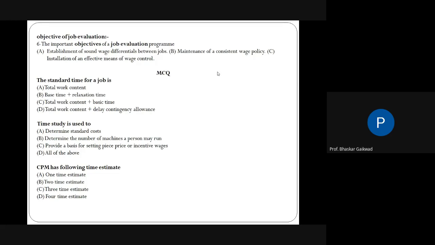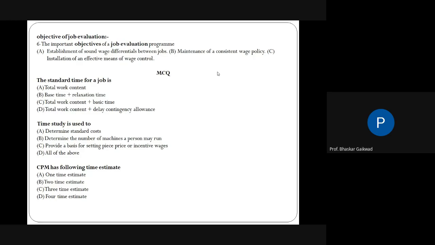If you go through time study, all the above requirements are needed. Only a single cost standard is not important. We require to know how many machines one person can handle, what the price per piece is, or how much incentive we shall give to the worker. This will come under standard time.